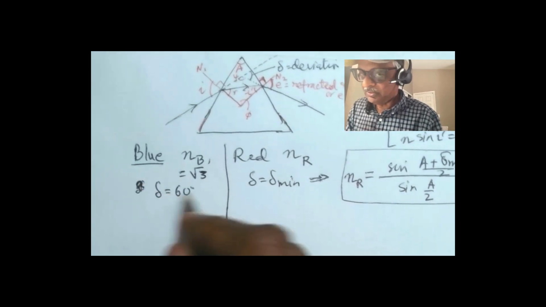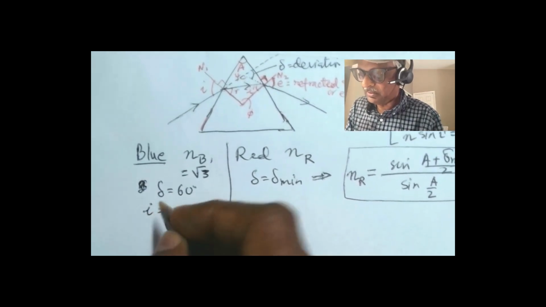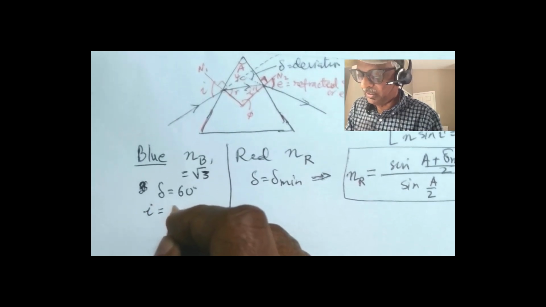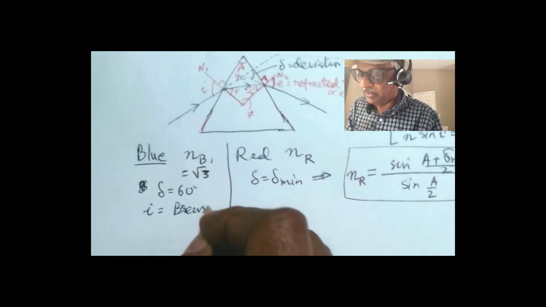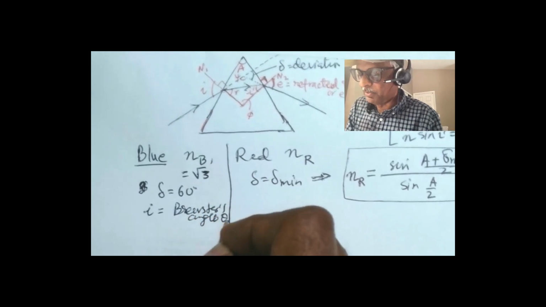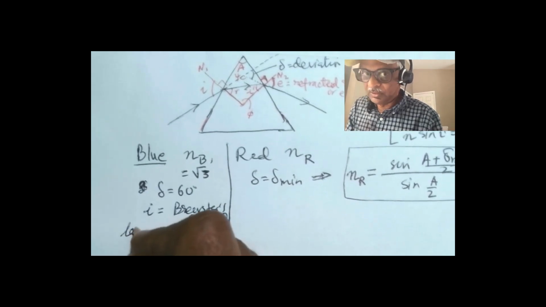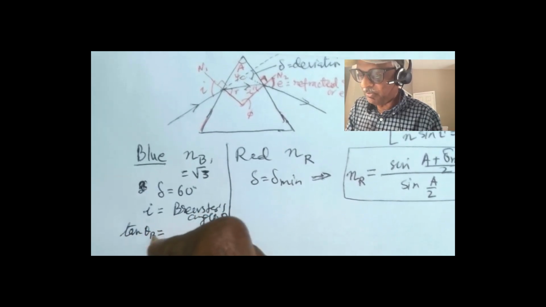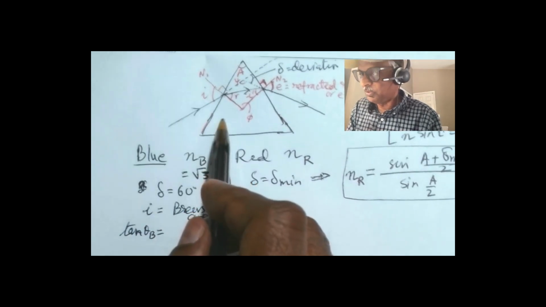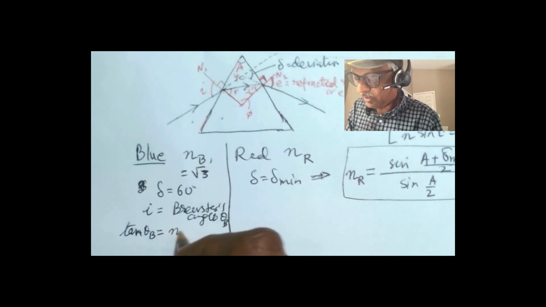Okay, so over here we have another piece of information, which is that I here is Brewster's angle, theta b. Another thing to remember: tangent theta b is the ratio of this refractive index over this refractive index, which is just equal to n of the blue light.